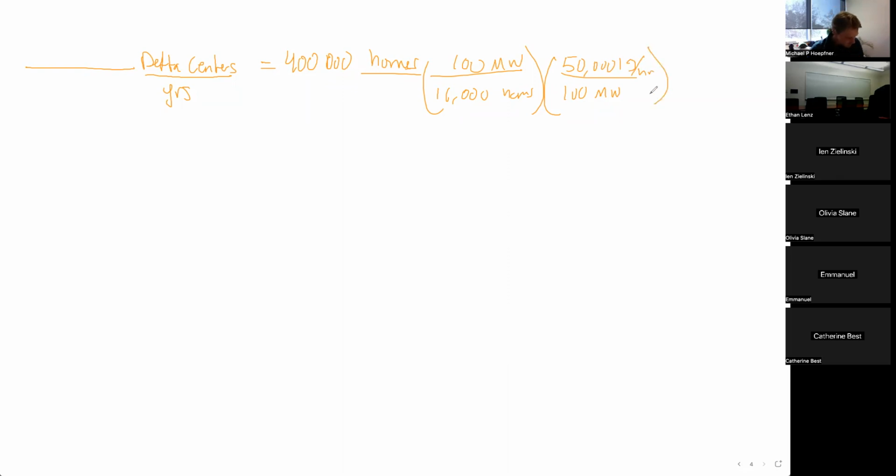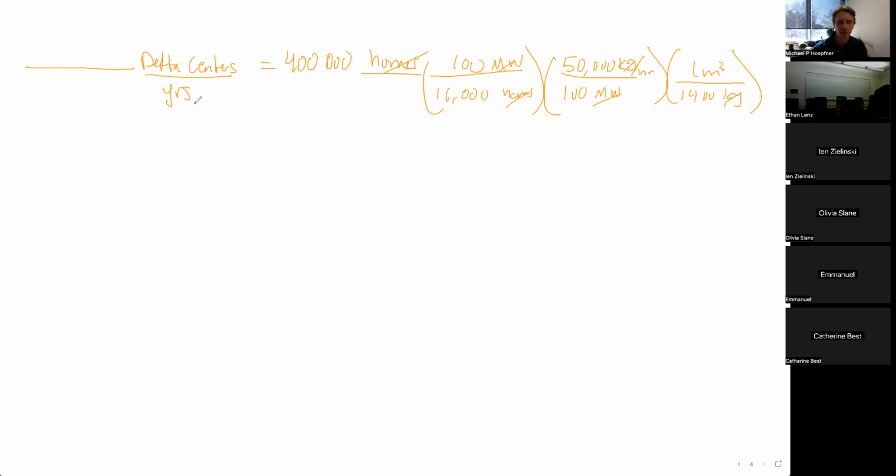I'm more or less just copying down the solutions, but breaking it into steps, so stop me if any part is not clear. Homes cancels with homes, megawatts cancels with megawatts. Now I have kilograms per hour of coal, so I'm going to get this into cubic meters. 1,400 kilograms of coal is 1 cubic meter. So now I have cubic meters per hour.